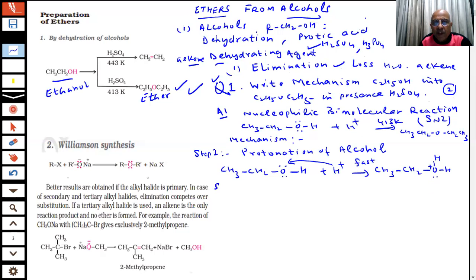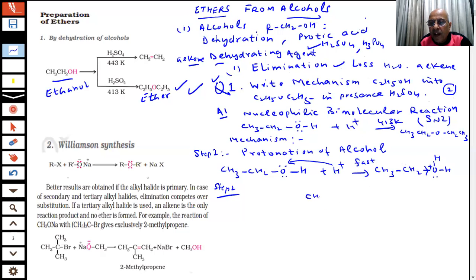Now what happens, students? Step 2. The result is that this carbon, you can see the carbon which is there, student, this will attract electrons from here because it is positive. This carbon will now become delta positive. It will become electrophilic, students.